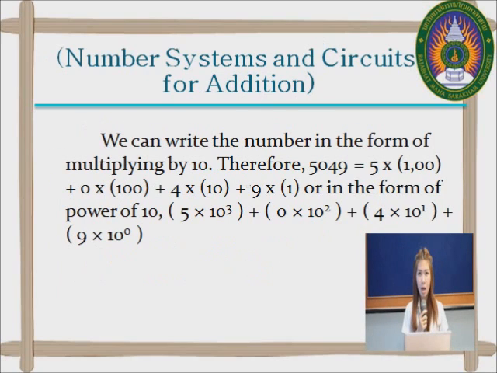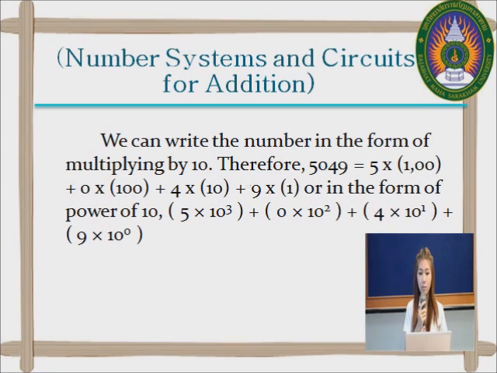We can write the number in the form of multiplying by 10. Therefore, 5049 equals 5 multiplied by 1000, plus 0 multiplied by 100, plus 4 multiplied by 10, plus 9 multiplied by 1.